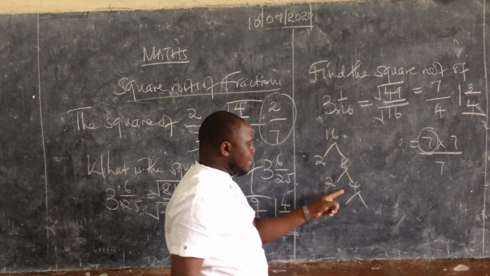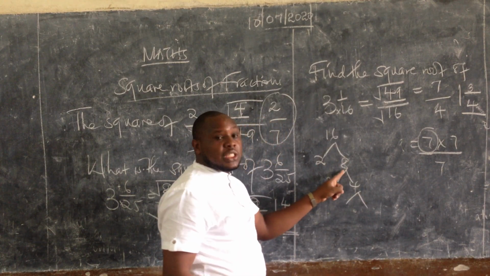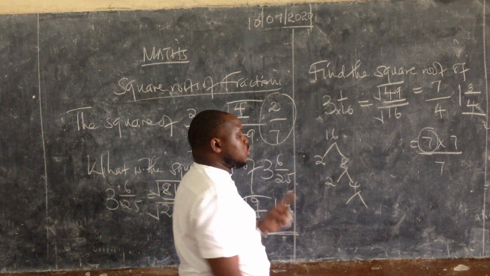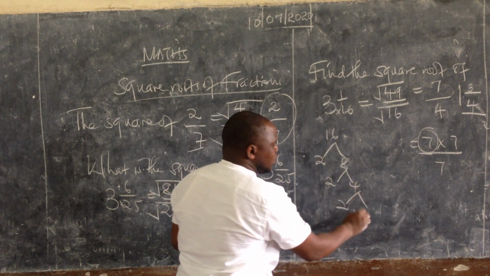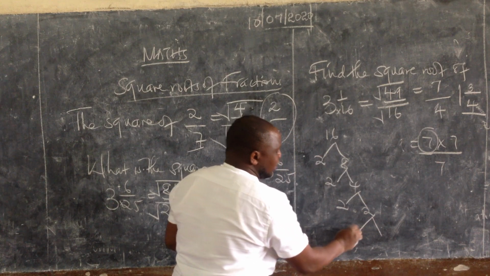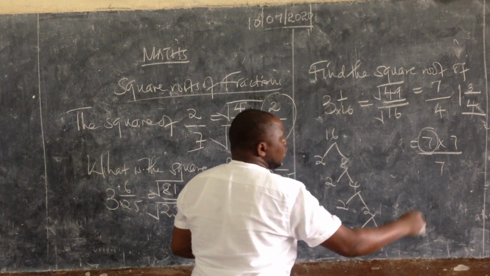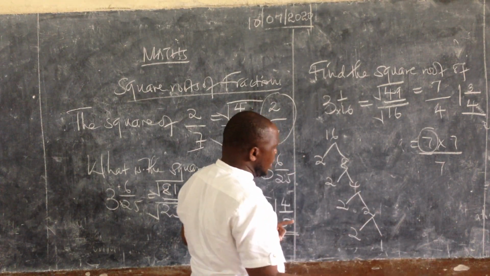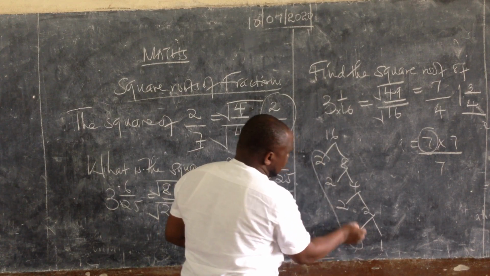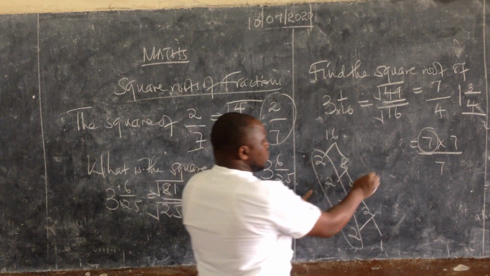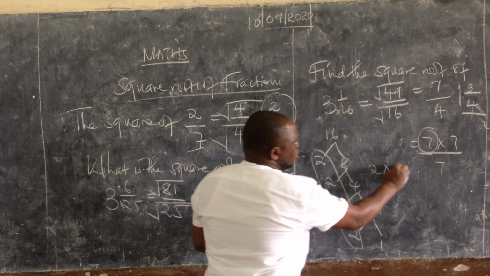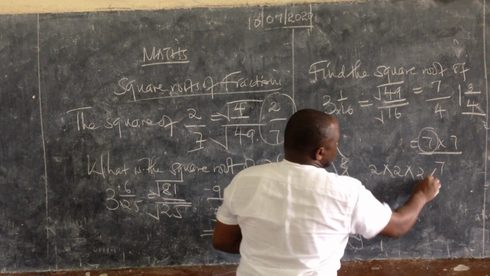You don't move to the next number without exhausting the first number you are dividing with. So you continue dividing by 2. 4 divided by 2, you get 2. 2 divided by 2, again you get 1. So on this side, you are supposed to always end with 1. So these are the prime factors of 16. So you are going to get 2 times 2 times 2 times 2.